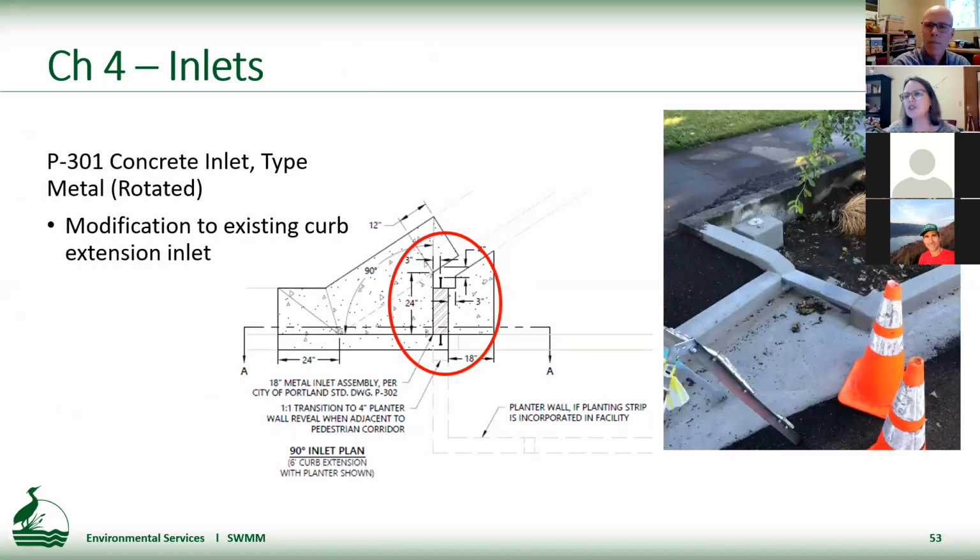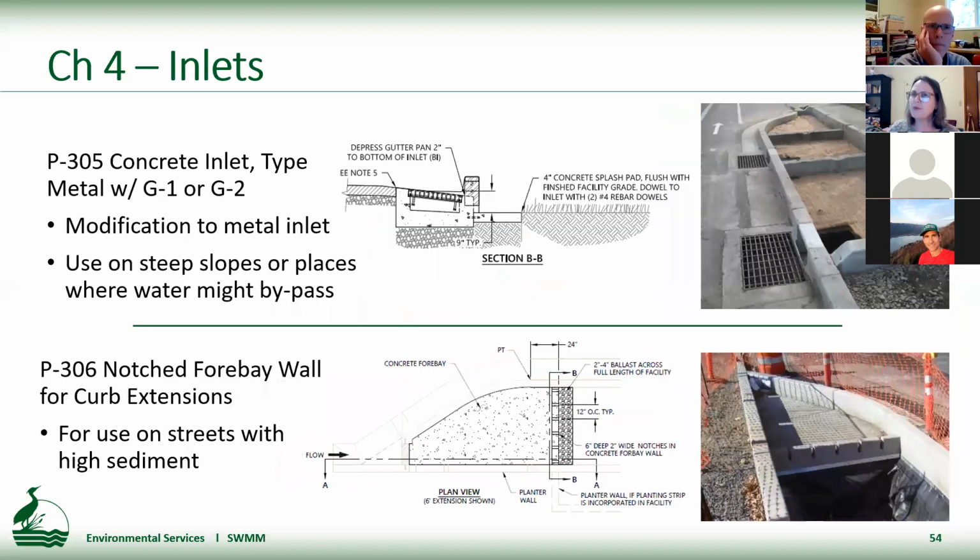A couple of changes: we've changed from the angled inlet to using the 18-inch typical metal inlet so that it comes out 90 degrees or perpendicular from the curb. On the top, you can see that metal inlet with G1 or G2 again.